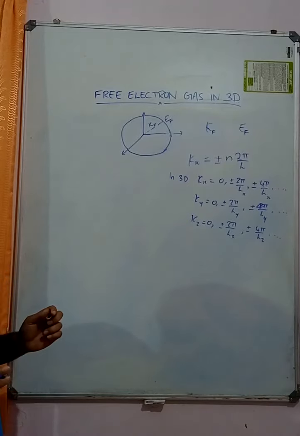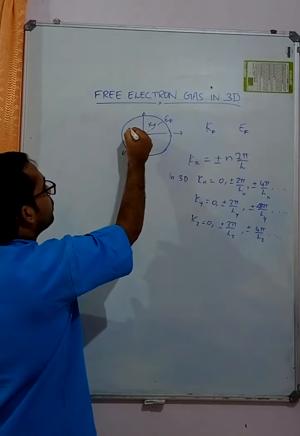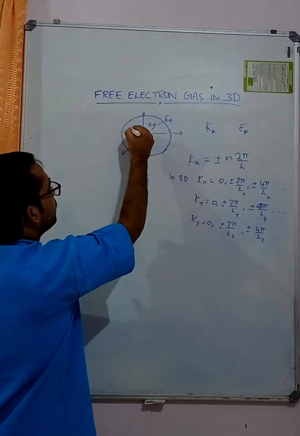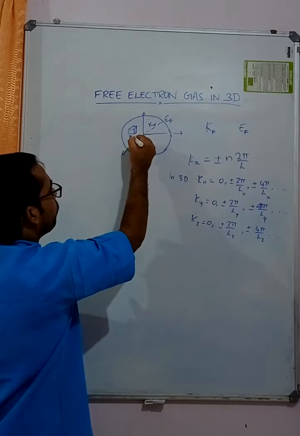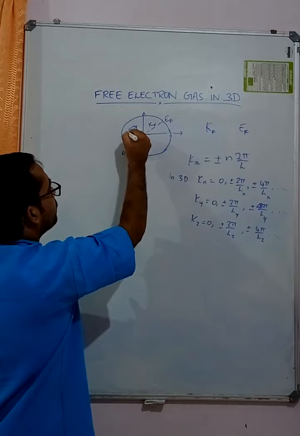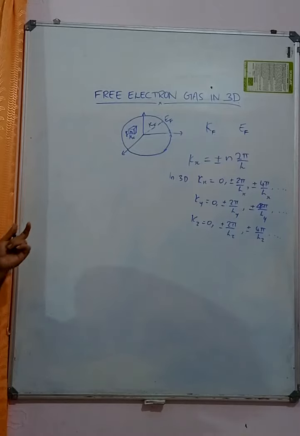So if you consider one point here, which is another rectangular box inside this k space with dimensions kx along x, ky along y, and kz along z directions, within that rectangular box there exists a k value.